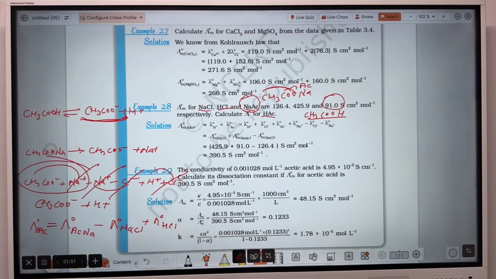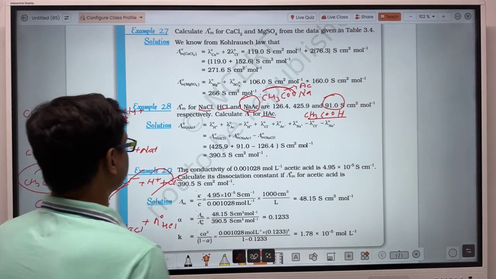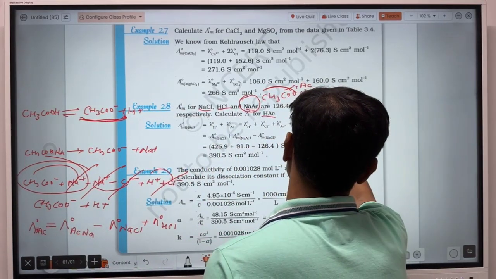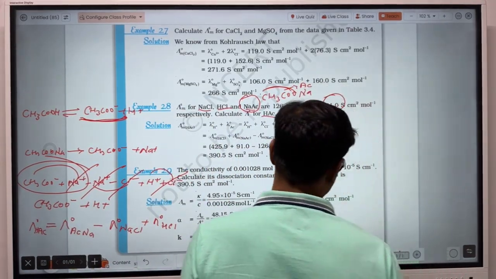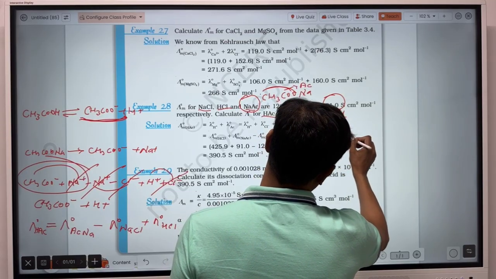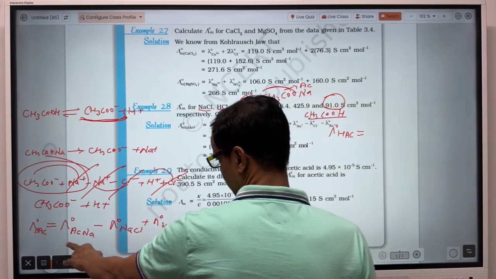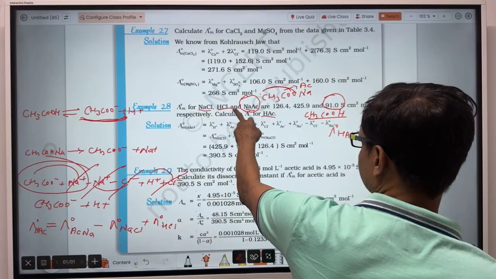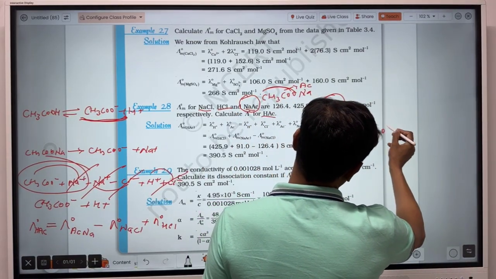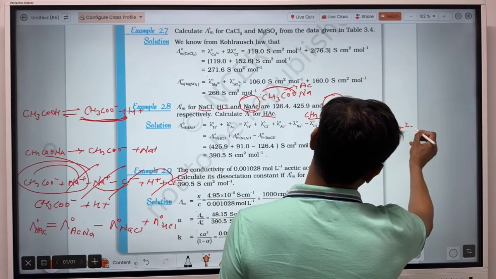For sodium acetate, given how much? 91.0 Siemens centimeter square per mole.